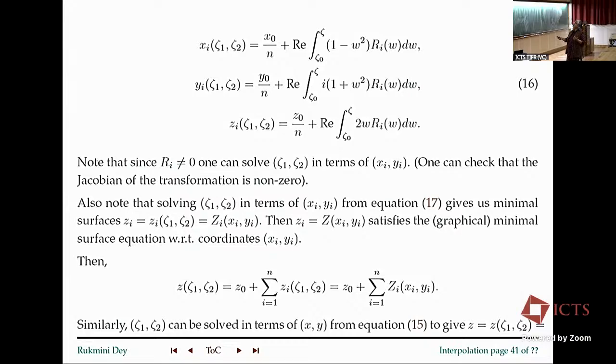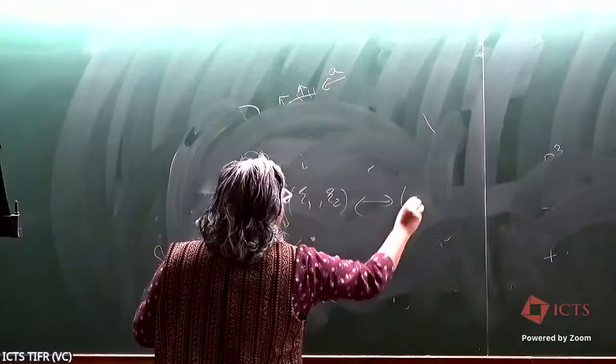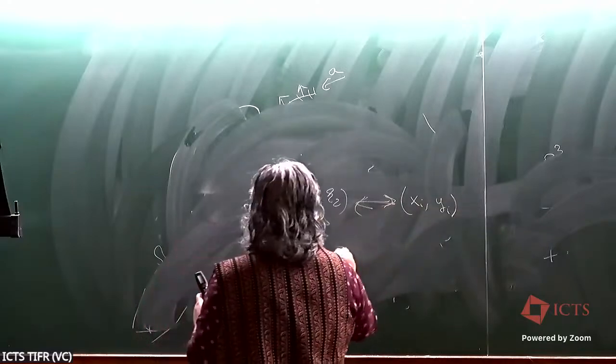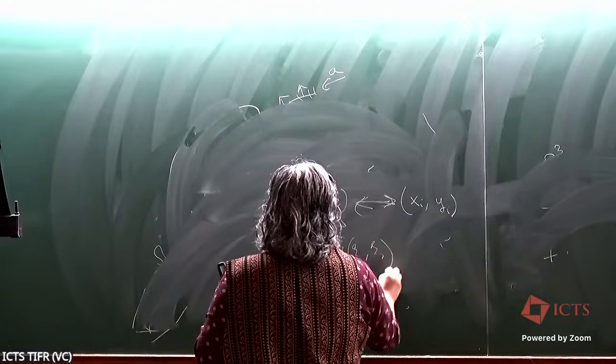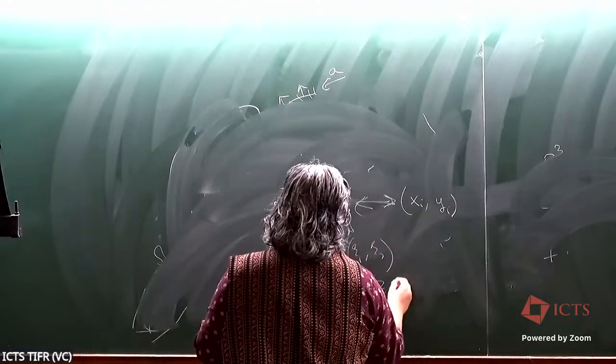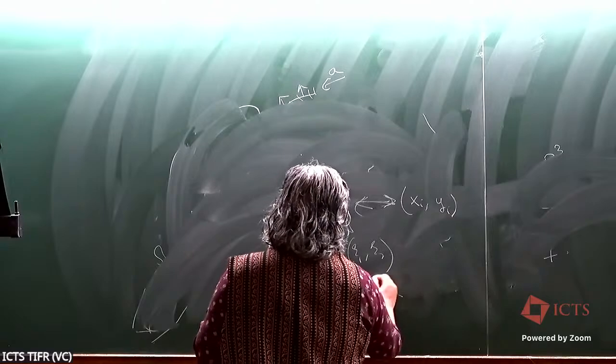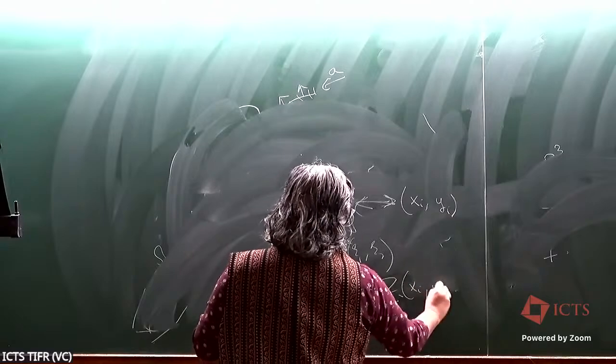So we have to solve for zeta in the domain where you can solve. What I'm trying to say is, for each i, if you can solve zeta 1, zeta 2 in terms of xi, yi and go interchangeably, then z of zeta 1, zeta 2, you can write as capital Z of xi, yi.